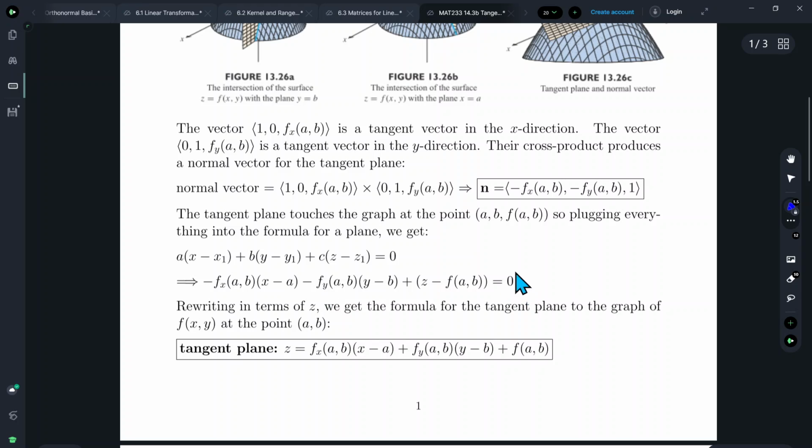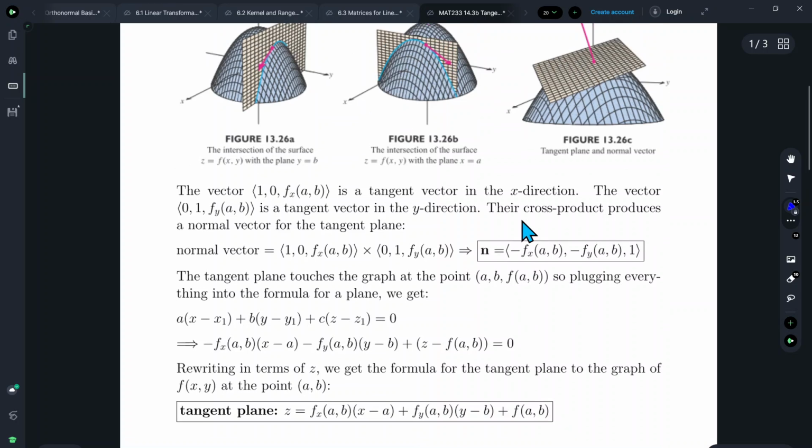Then we rewrite this expression in terms of z, and so we can write down the tangent plane in exactly this form here. Notice that for the tangent plane, the coefficient of x is the partial derivative with respect to x, and the coefficient of y is the partial derivative with respect to y. Okay, so that's how we can construct the tangent plane equation at the point A, B.